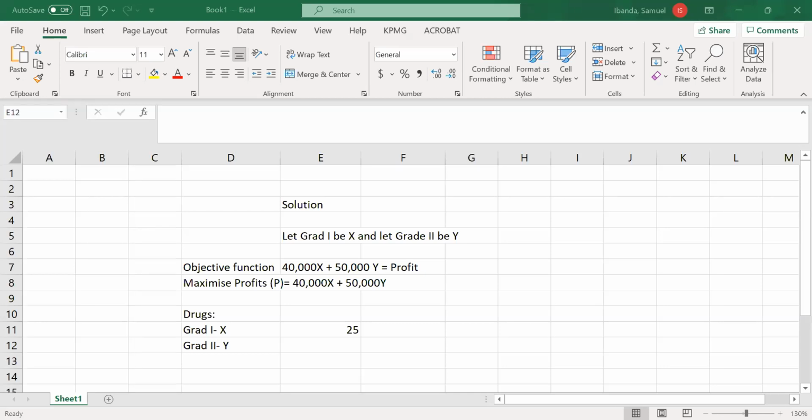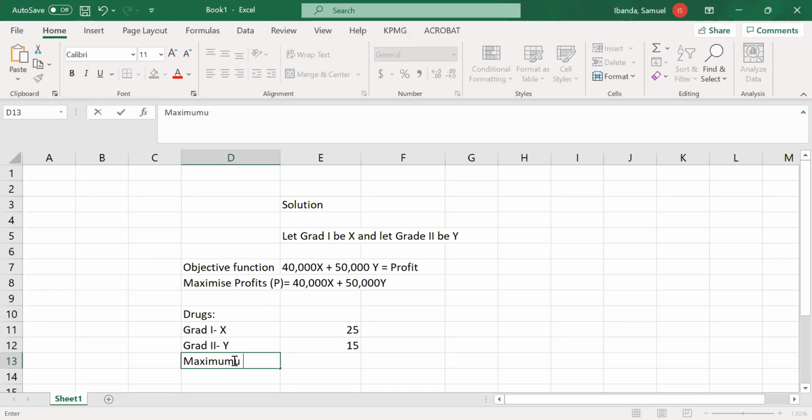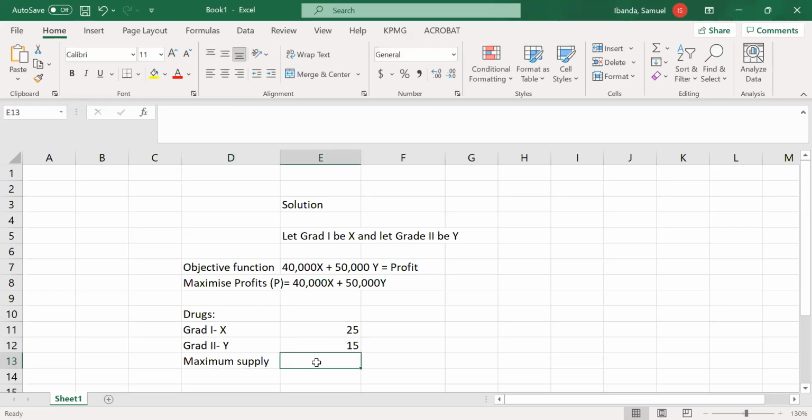Okay, each patient requires 15. But then they have also told us what the maximum is. So maximum supply is 750. And these are in kgs.